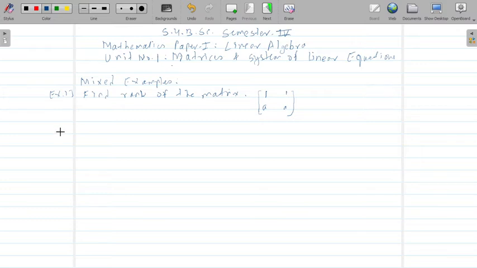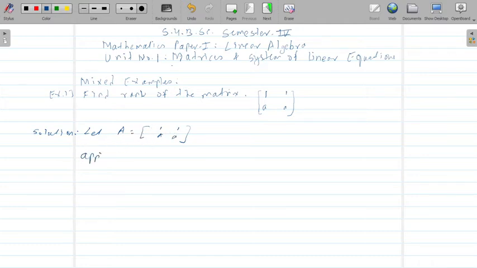Find the rank of the matrix. First row is 1, 1 and second row is a, a. So let us see the solution. We can take this matrix as A. So let A equal row-wise 1, 1, a, a. Now we have to reduce this matrix to echelon form.